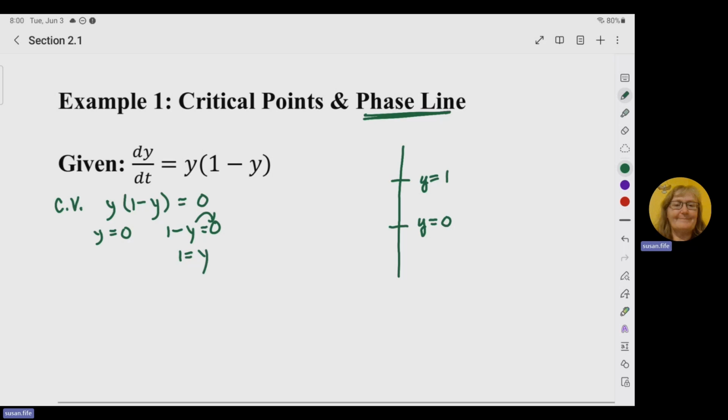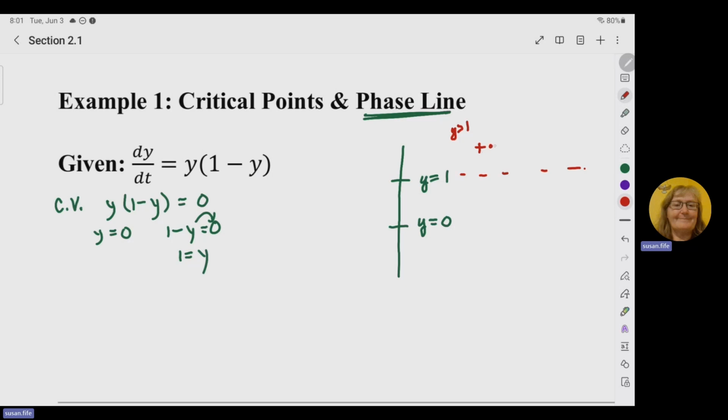Now we could determine slope by choosing a value. We could say if y is greater than 1, that's going to be in the upper part. Let's just draw this here. When y is greater than 1, y is going to be positive. 1 minus y, if y is greater than 1, say 1 minus 2, is negative.